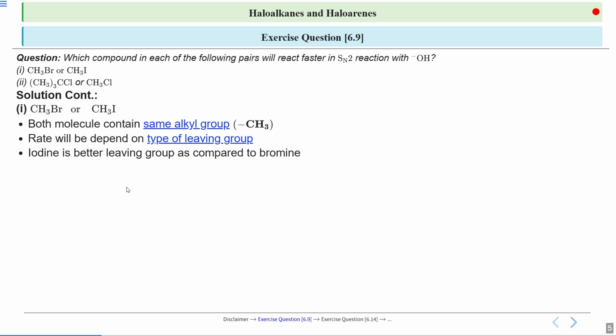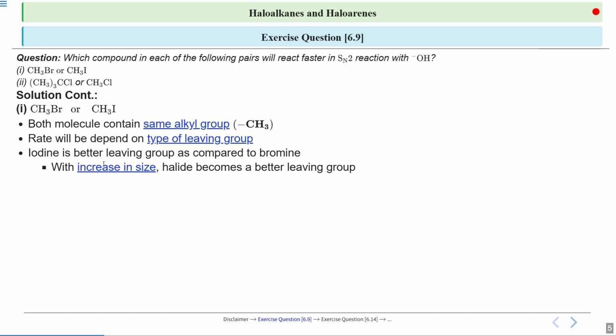Why is it so? Because iodine has a larger size, and with increase in size a halide becomes a better leaving group. Iodine obviously has a larger size compared to bromine, because in the group of halogens, group 17, when you go from top to bottom, the atomic size increases.